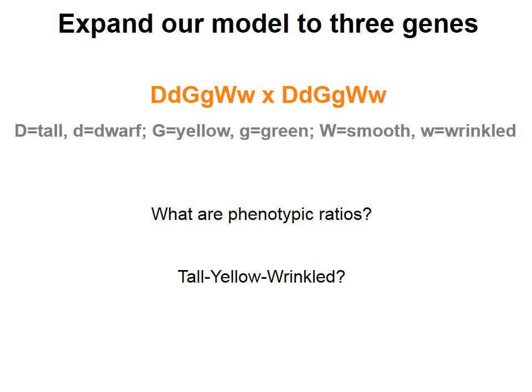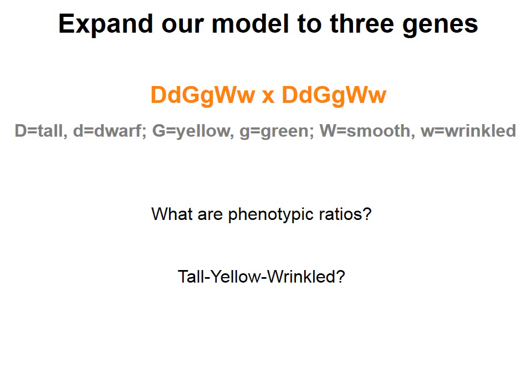Could we do that? So basically, this is what I like to do: I like to say, okay, here's one, we'll just call this gene 1, gene 2, gene 3, right? How many different phenotypes are there in gene 1? 2, right? There's either tall or dwarf.